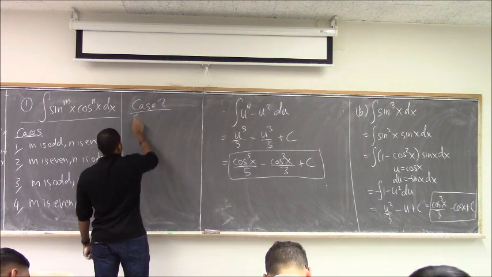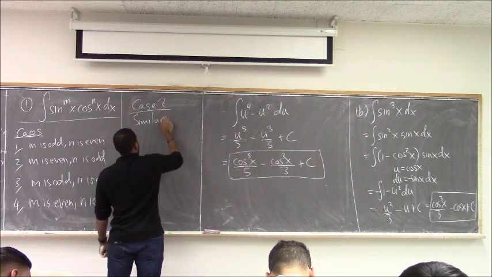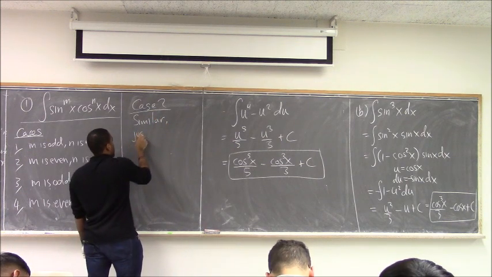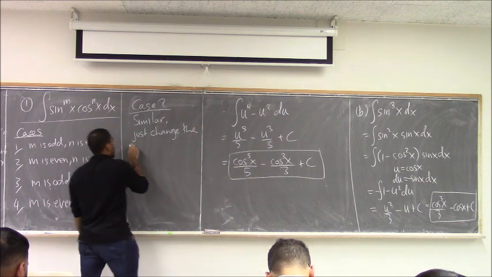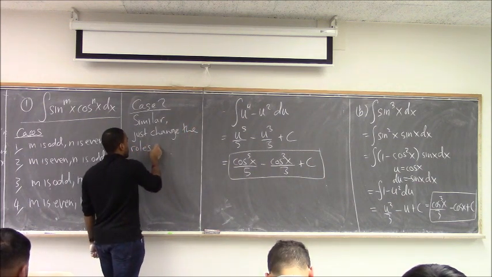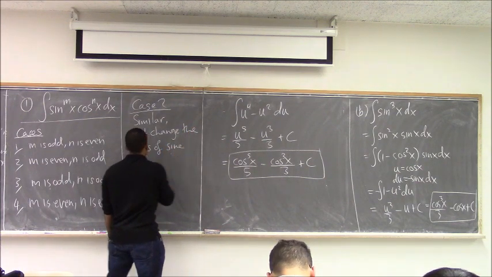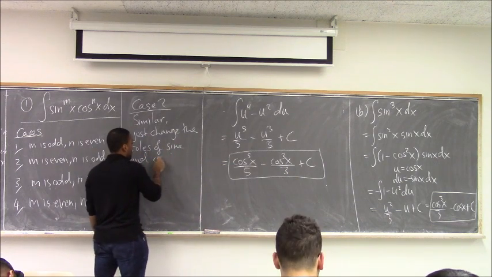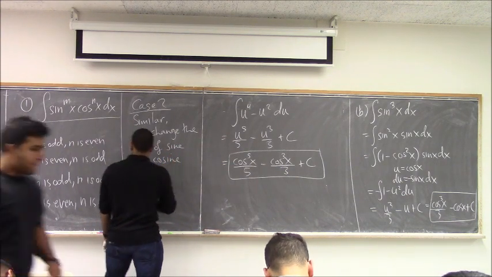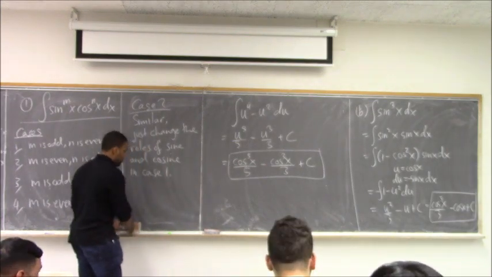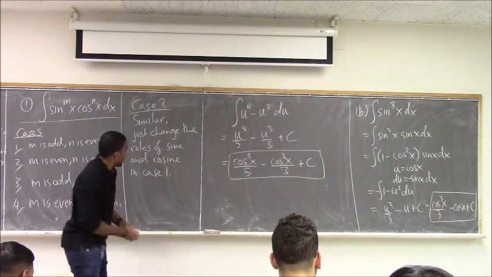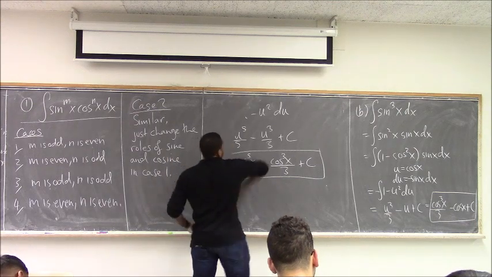Case 2 is very similar. Just change the roles of sine and cosine. You might not need an example for case 1, but let's do one anyway, just to be thorough.